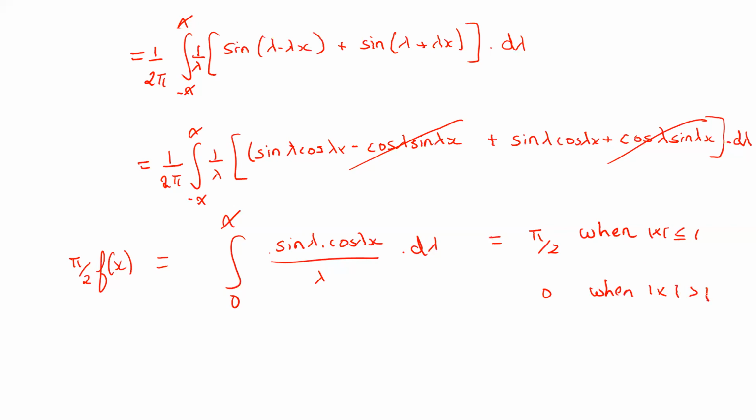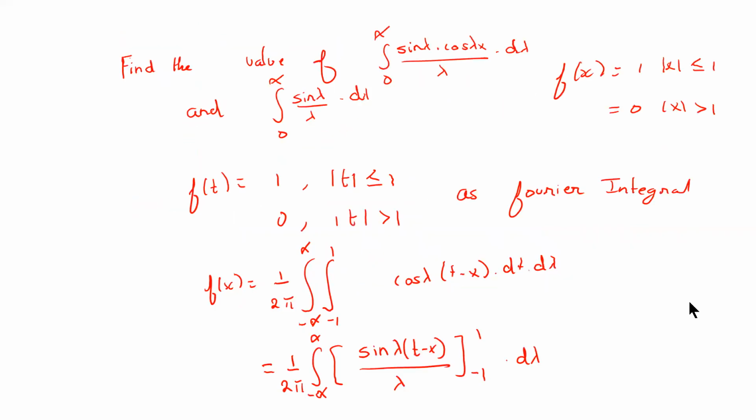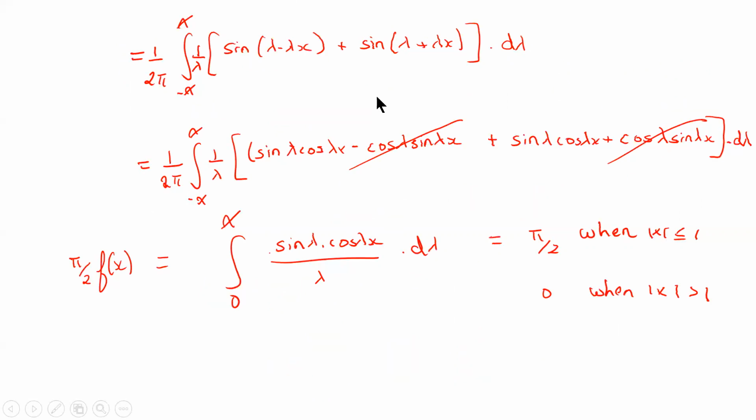Now we were also asked to evaluate another integral, 0 to infinity sine lambda by lambda d lambda. What we can do is put x equal to 0 on both sides.